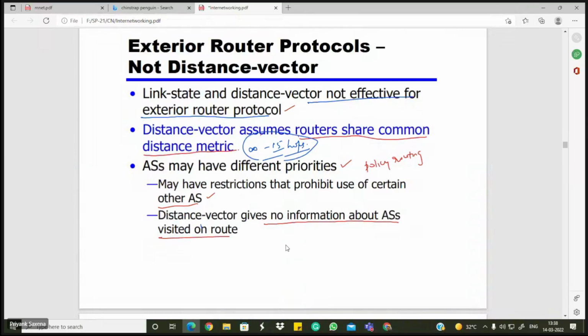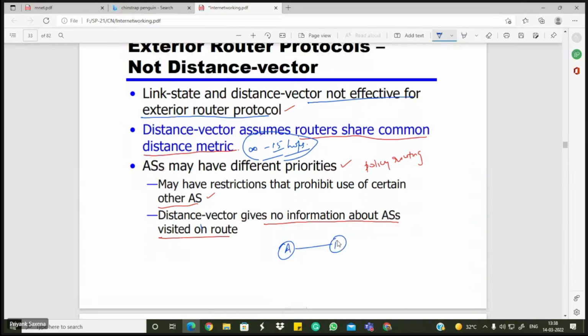So here, suppose I have a node A, node B, and node E like that.